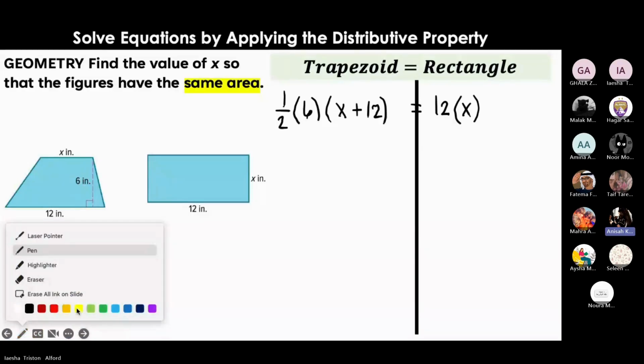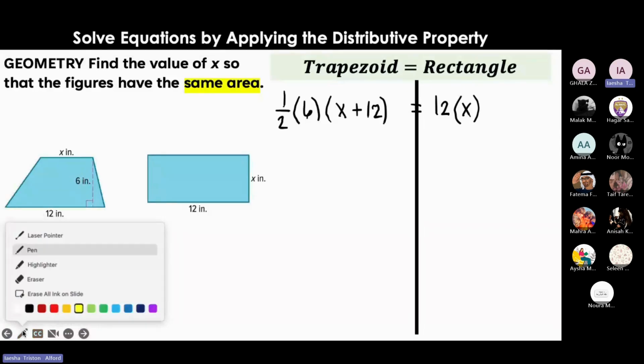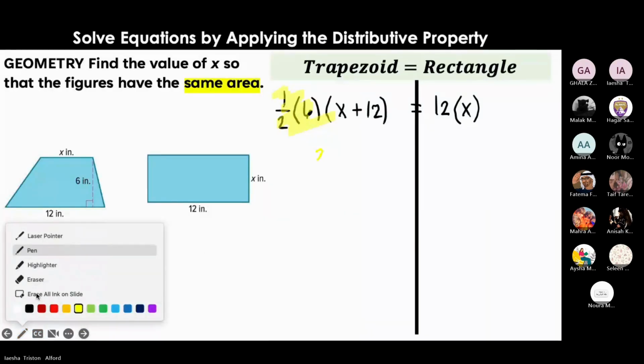First, we multiply the fraction 1/2 times 6 equal positive 3. But make sure we do this part first, right? Yes. Okay. So 1/2 times 6 gives us what? Positive 3.